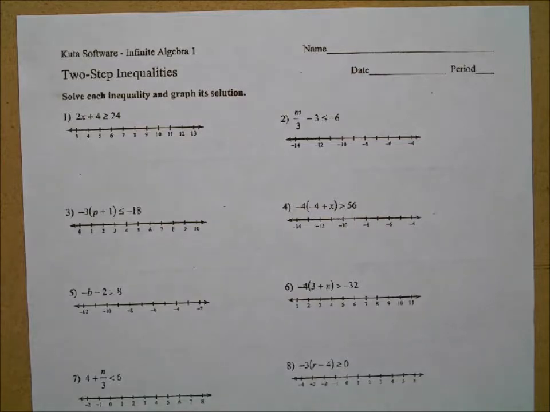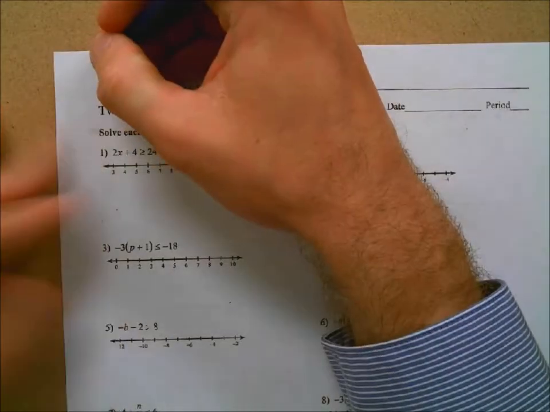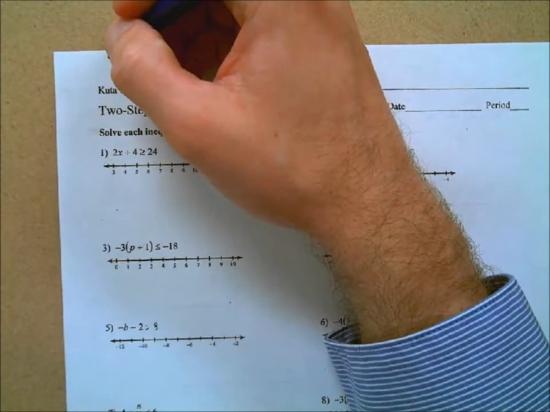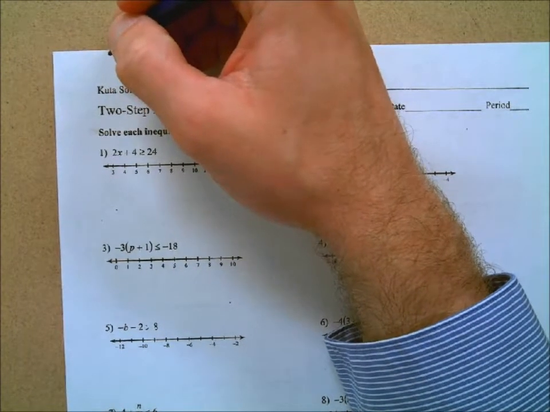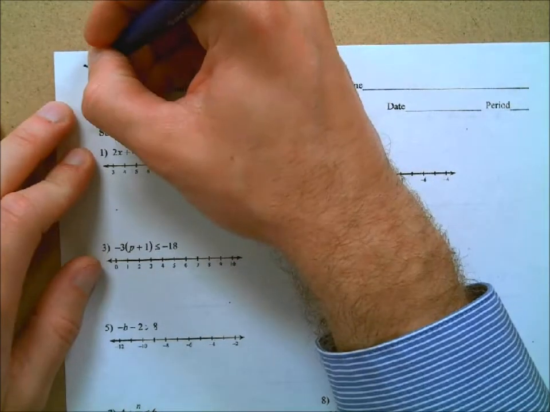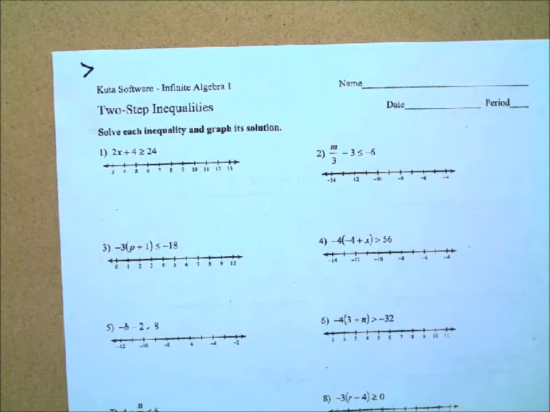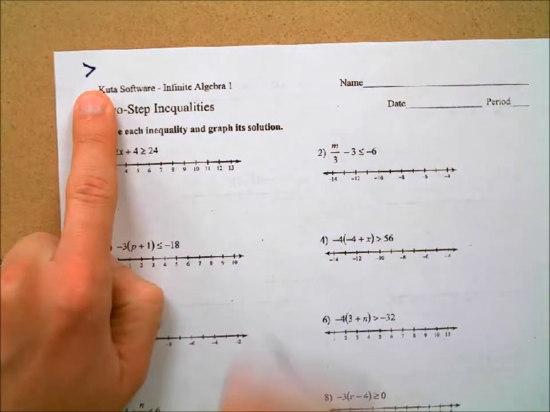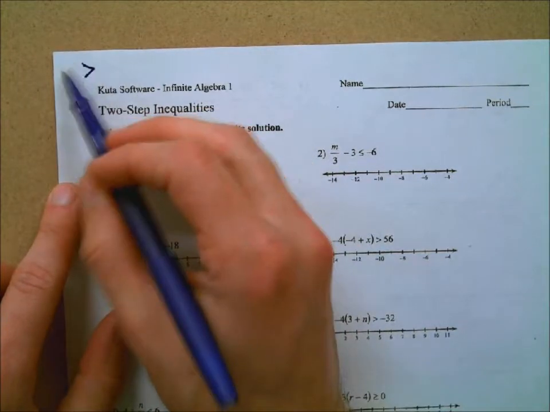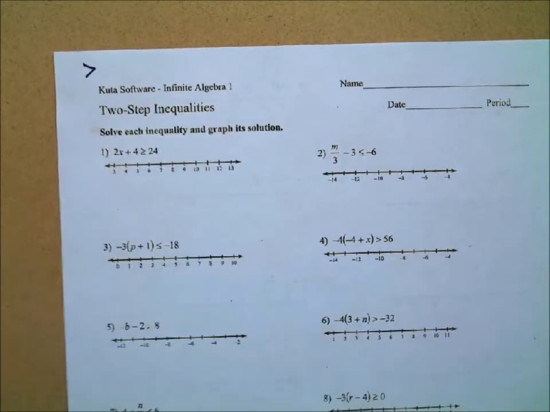But first, I want to refresh our memory about the different symbols, okay? Because I know you all know that the alligator eats the bigger side, and that's great. That's helpful. But when you see this symbol right here, that's great that you know that this side is bigger than this side, because the alligator, or the crocodile, whatever you want to say, eats the bigger side, okay?